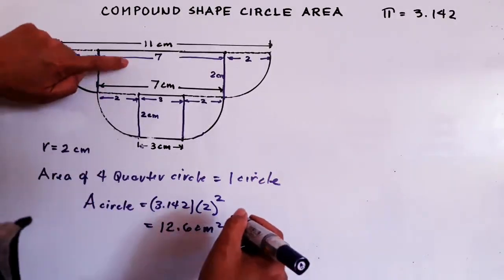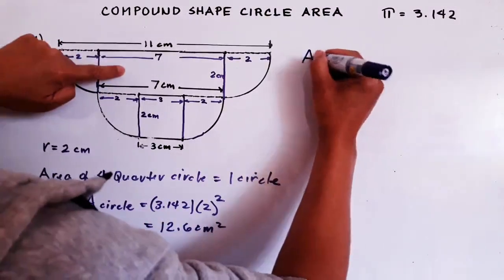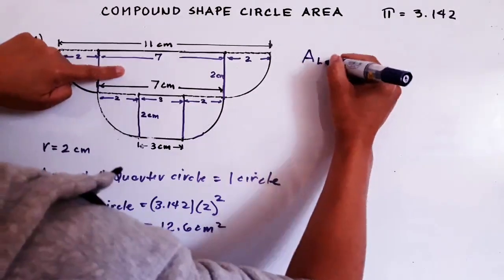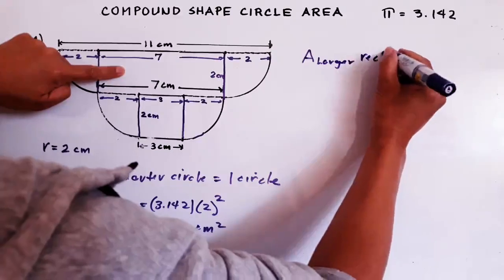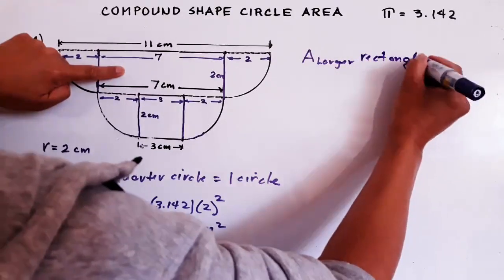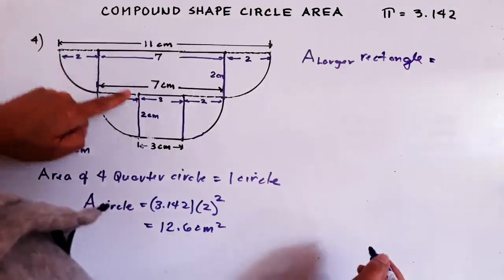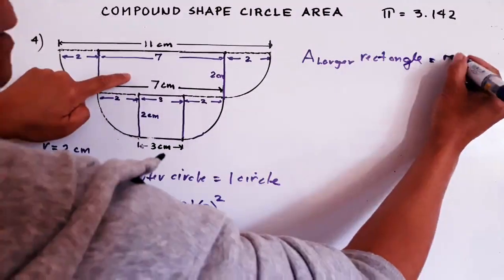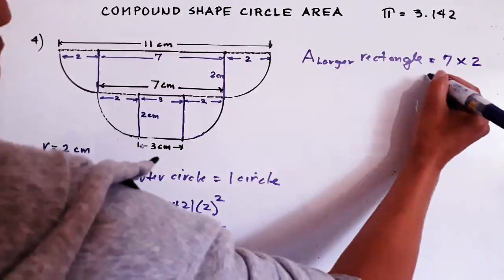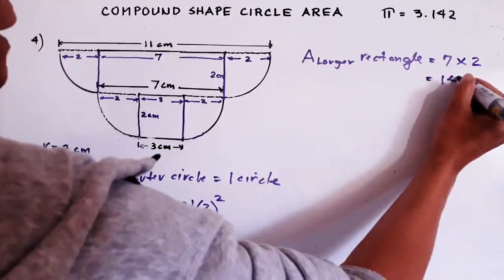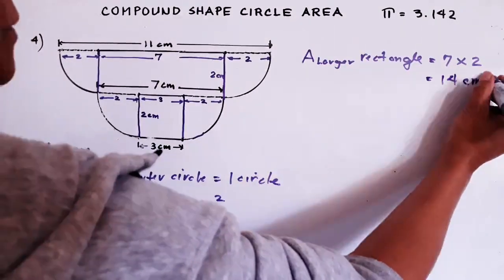Now let's find the area of this one. Area of the larger rectangle is equal to 7 times the 2 here. So the area of this one is 14 cm squared.